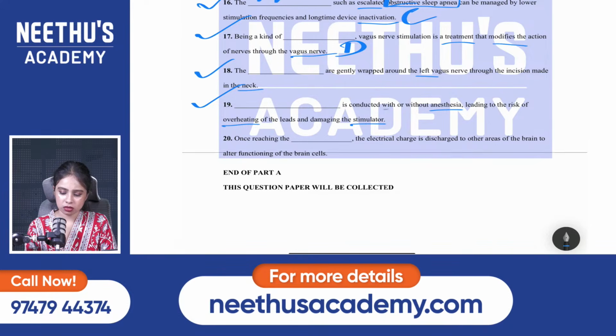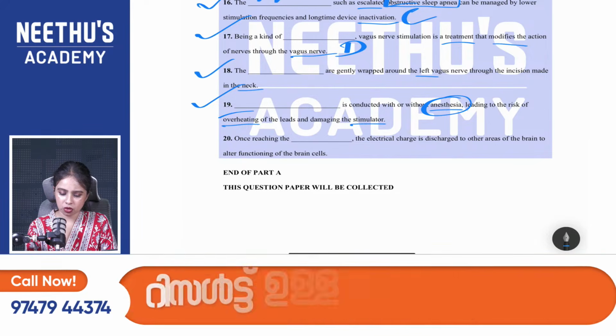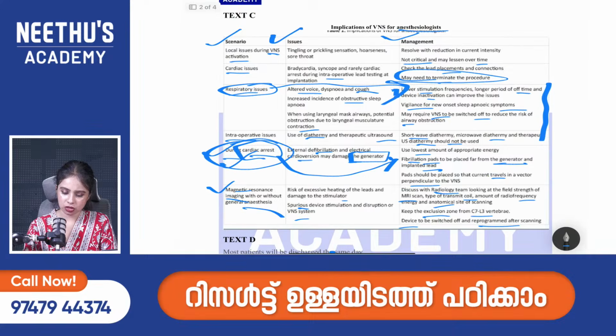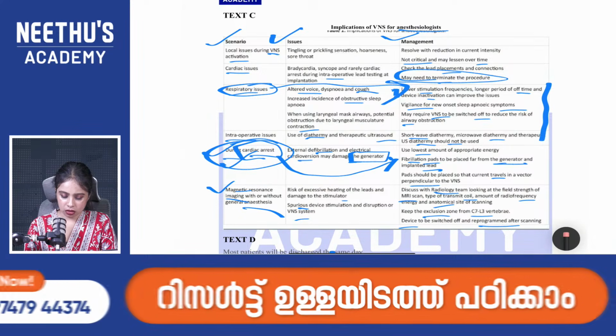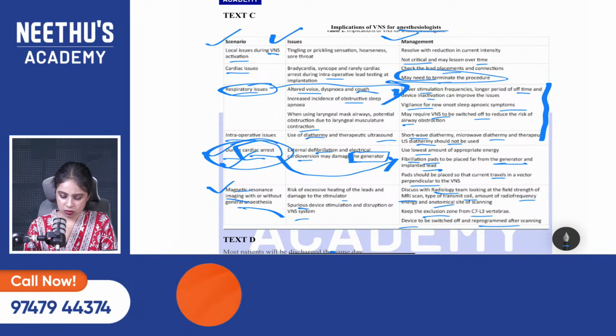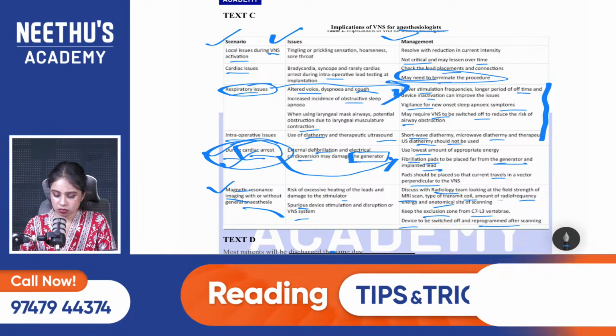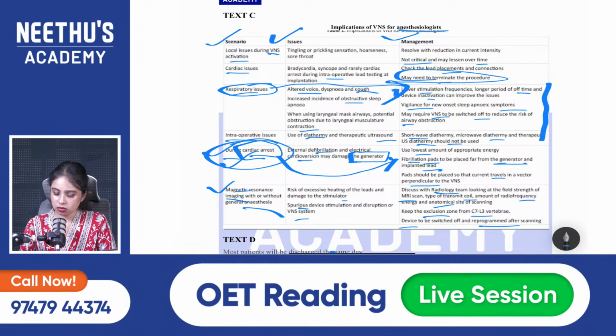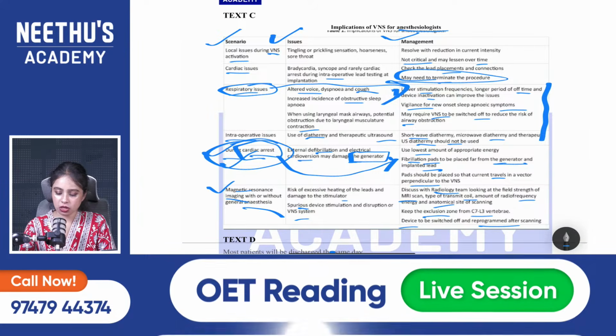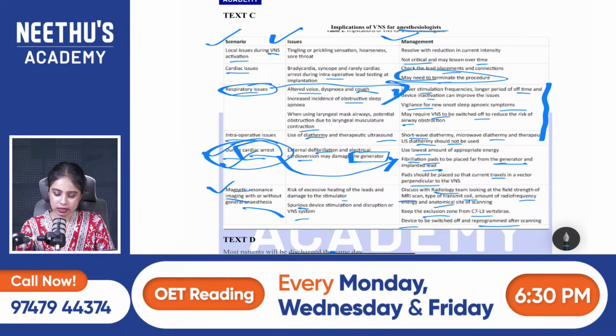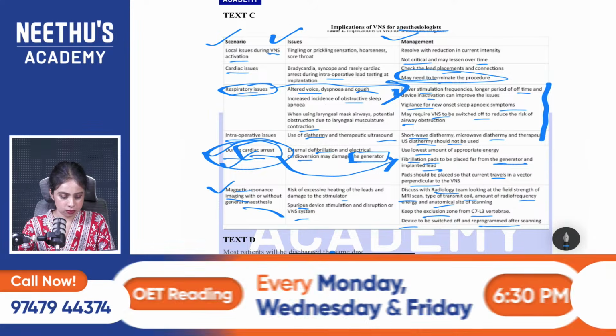Again seeing these words anesthesia, overheating in text D, sorry, C. Yeah, here, general anesthesia. Okay. Can you tell me the answer? I think the answer is from here.